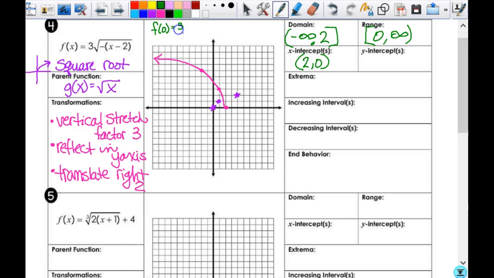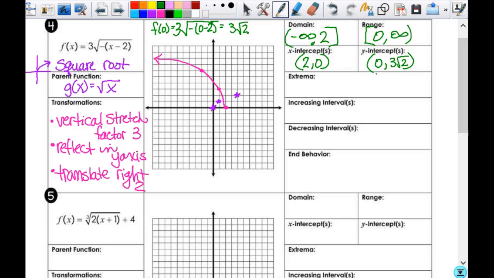That's equal to 3 times the square root of negative 0 minus 2. What does that become? 3 square root of 2. I do 3 square root of 2 here. I do not put f of 0 here, so it's 0, comma 3 square root of 2.